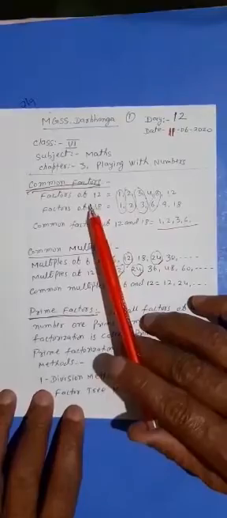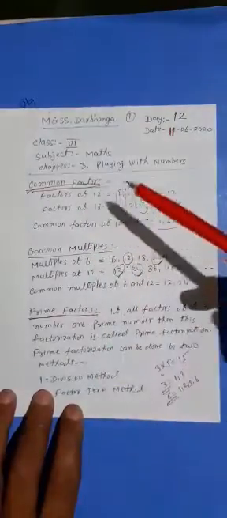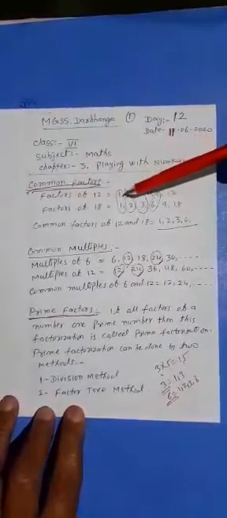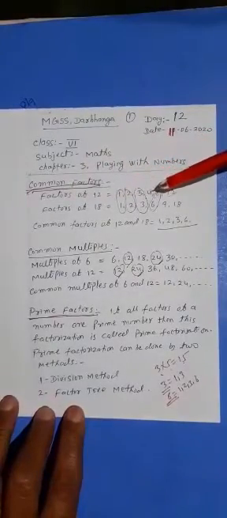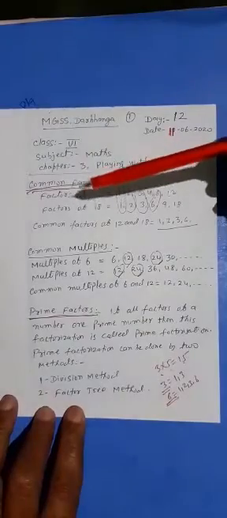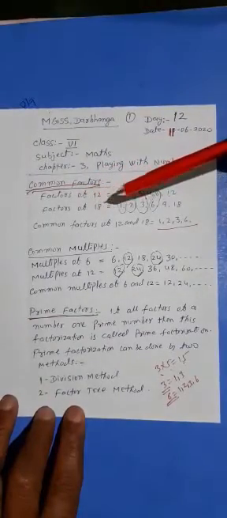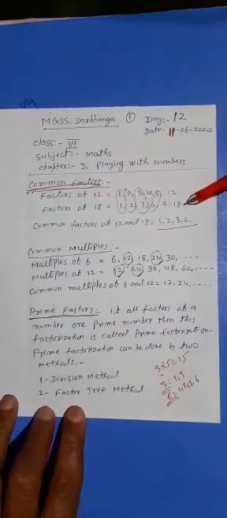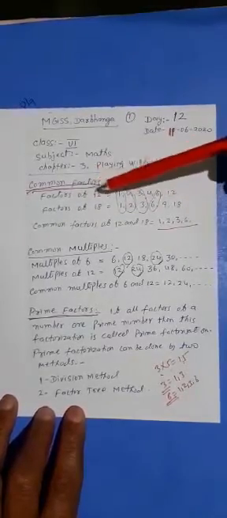What will be the right process to solve this problem? First we shall write factors of 12, and we know factors of 12 will be 1, 2, 3, 4, 6 and 12. And then we shall find factors of 18. Factors of 18 will be 1, 2, 3, 6, 9 and 18. Now we have to find common factors.